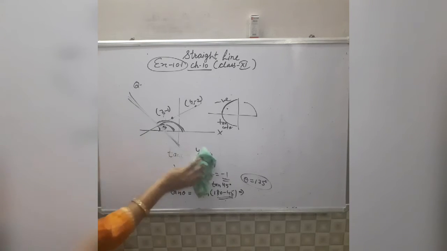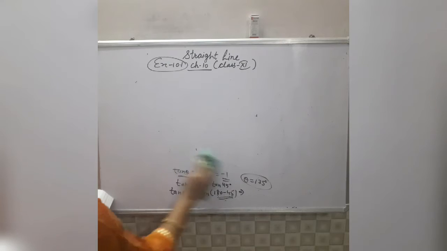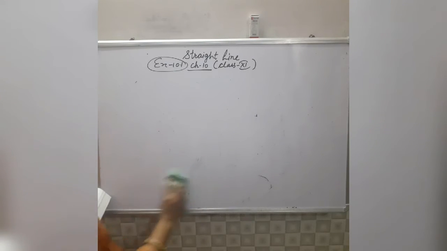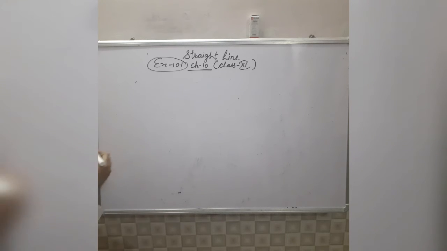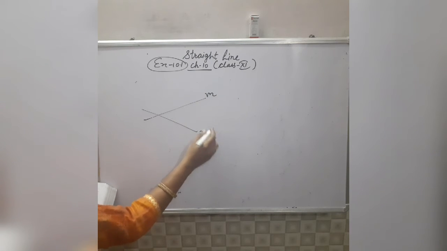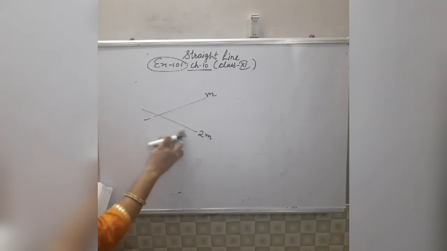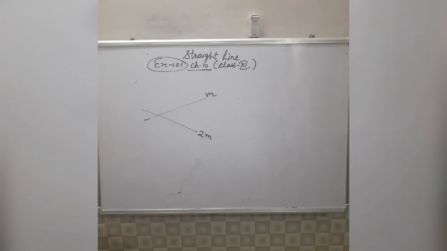Now see question number 11. In question number 11, the slope of a line is double the slope of another line. Let us suppose the slope of one line is m, and the slope of the other line is double this, so according to the statement, let us suppose the slope of the other line is 2m.